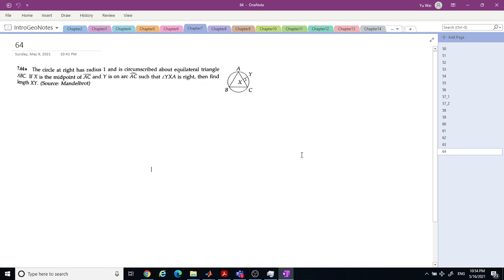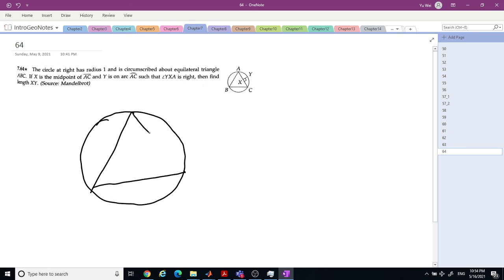Last one. So the circle at right, okay, so we have a circle and we have an equilateral triangle. If X is the midpoint of AC, so if X is the midpoint, right?